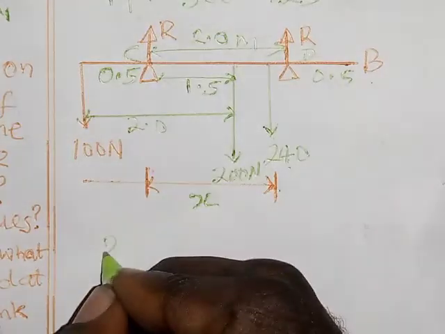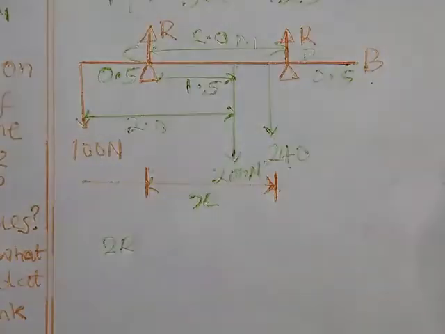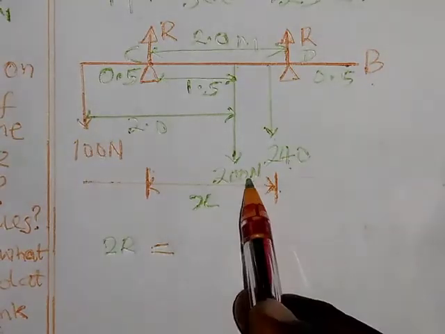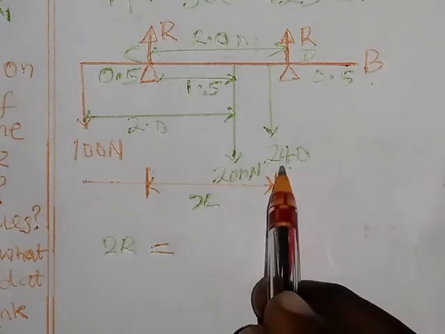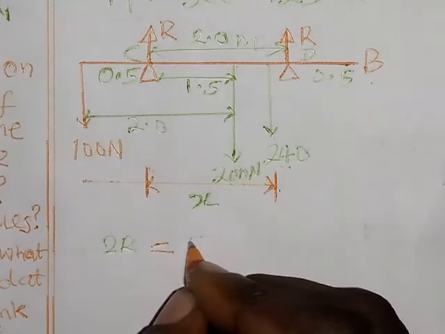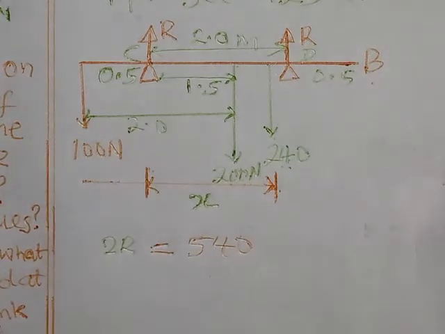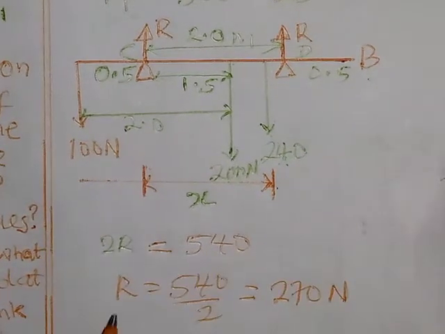So 2 arrow must be equal to 100 plus 200, that's 300, plus 240, that's 540. So when I work this out, R equals 540 divided by 2, which is 270.